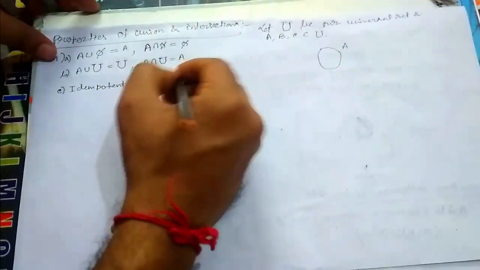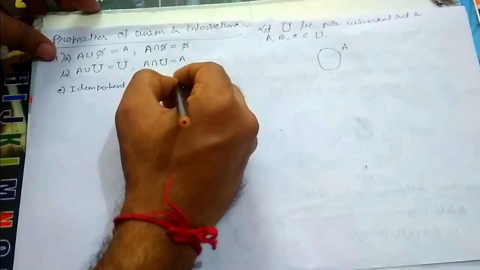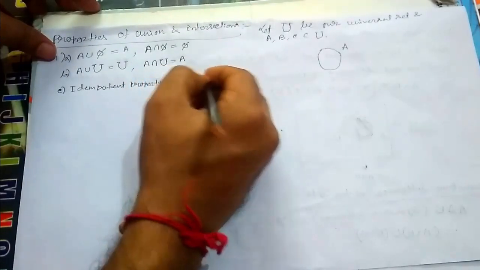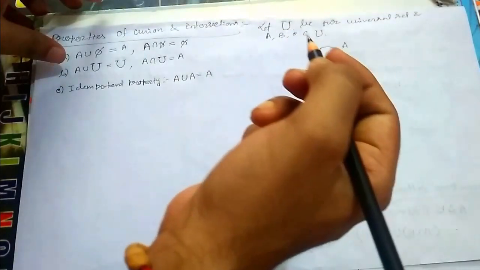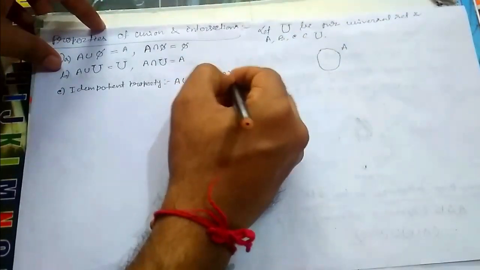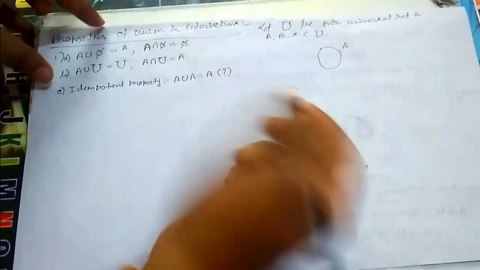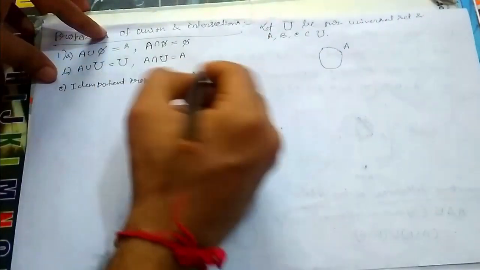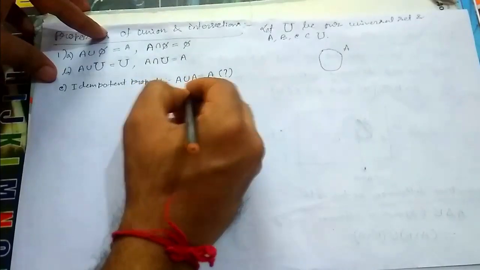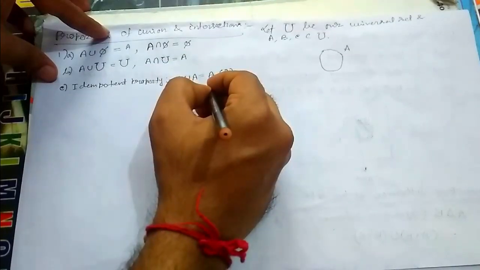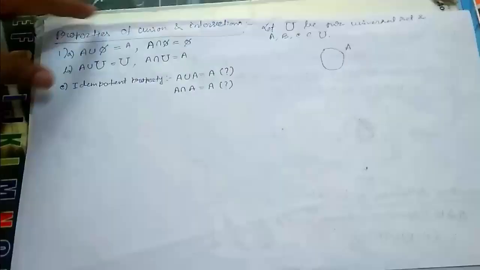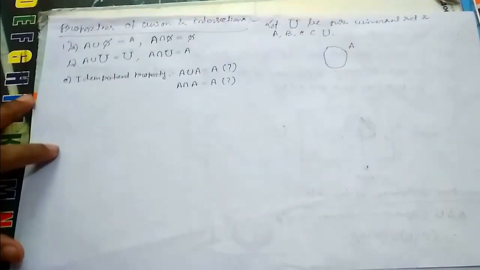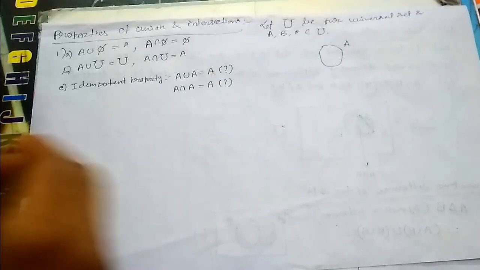This property tells us that if you union A with A, then it gives A. Why? And if you take intersection with A, this gives also A. Why? Ask yourself. Okay, you are able to find this answer.